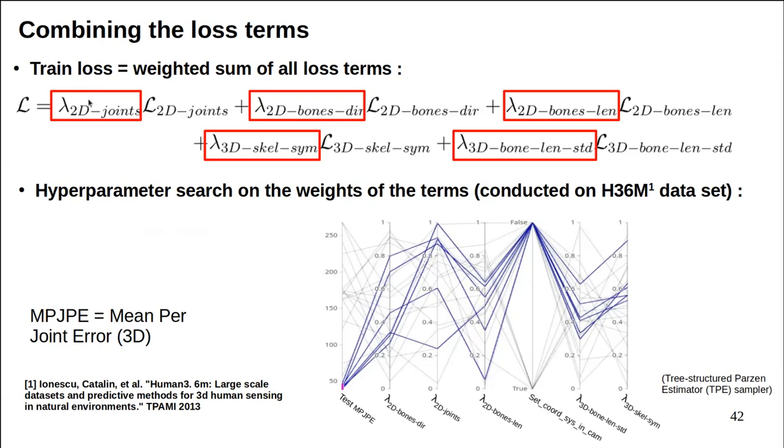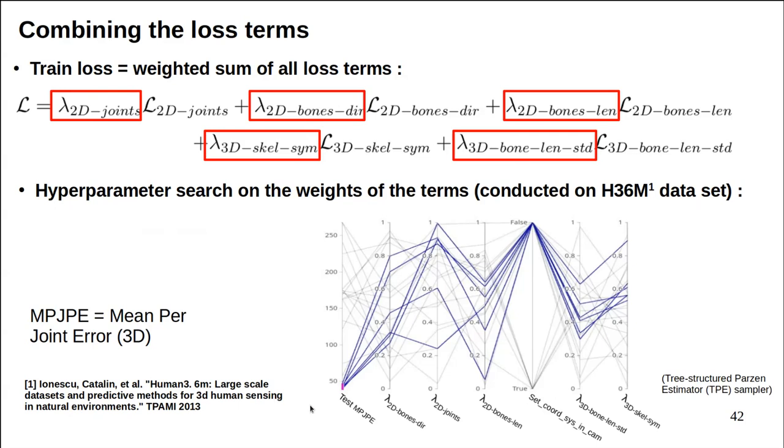They are all weighted by these lambdas here, which are the weights that we assign to each of these loss terms. Okay, so now we would like to find these ideal weights such that we get the lowest reconstruction error possible.